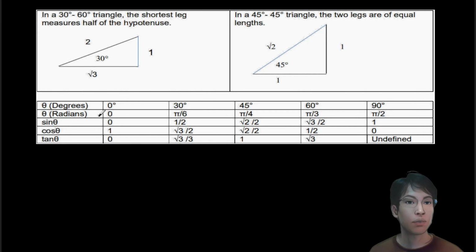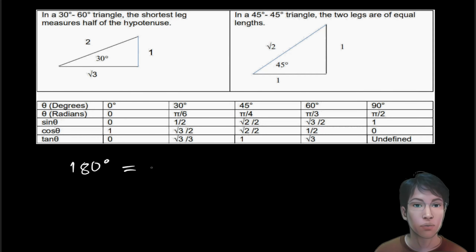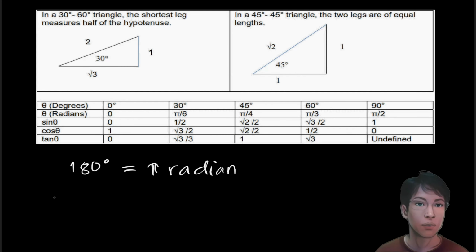We have radians and then degrees. So let me show you how to convert radians to degrees. Remember that 180 degrees is equivalent to pi radians. So let's say that you're given 45 degrees and you are asked to convert it into radians.